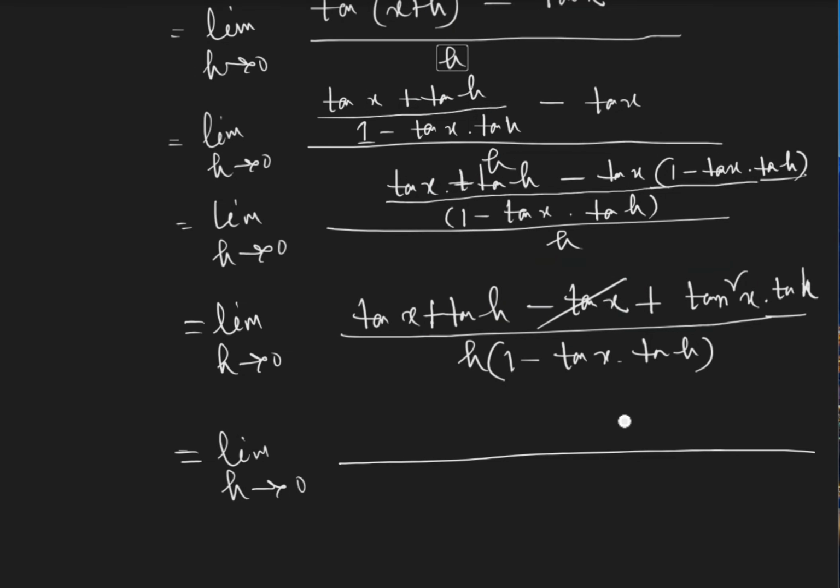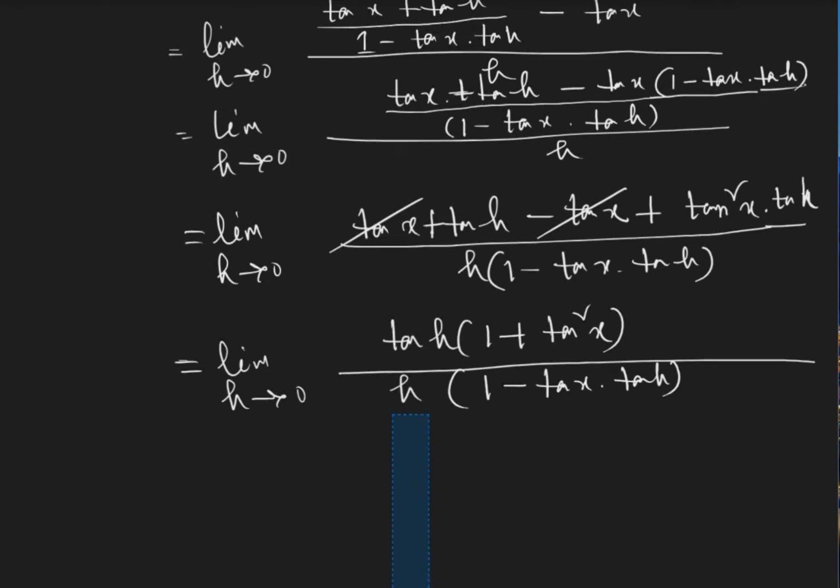So this tan x cancels out, so here we could write down tan of h as a common term, so 1 plus tan square x over h times 1 minus tan x and tan of h, right?